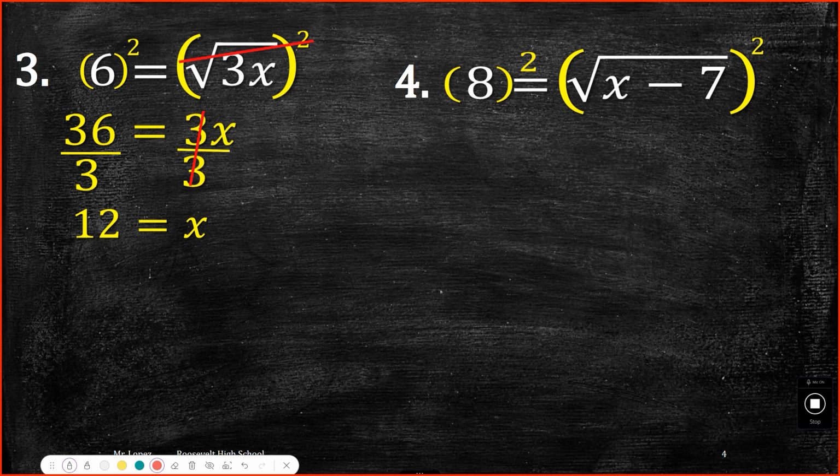What's the answer on the left side? 64 equals what? Equals x minus 7. 64 equals x minus 7. And get the x by itself by doing what? Add 7 to both sides. So we're going to get x equals what? 71.